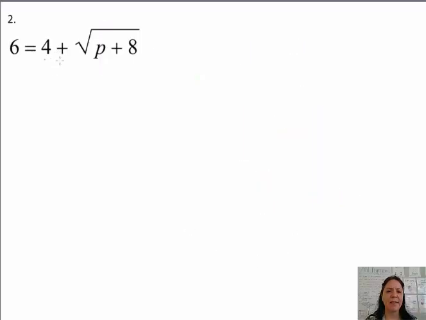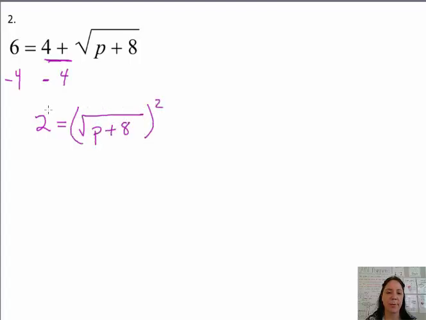Here's our next problem. This one's not quite ready to square yet because I would have to FOIL this whole thing. I'd still end up with a radical. That would be a mess. I don't want to do that. So let's subtract 4 from both sides of this equation before we go into any kinds of squaring. Now I have 2 equals the square root of p plus 8, and I'm all ready to square both sides of this equation.